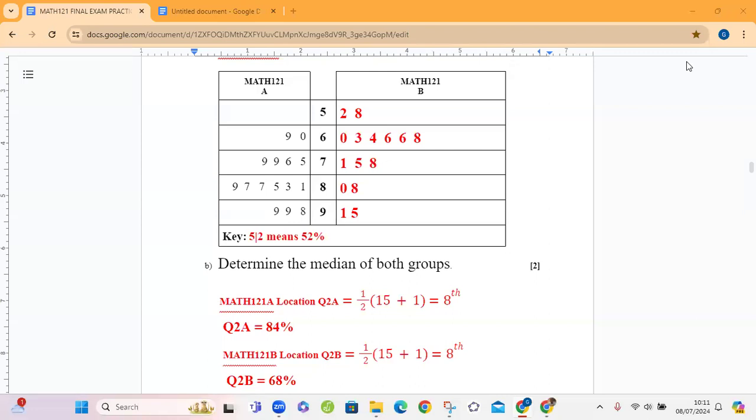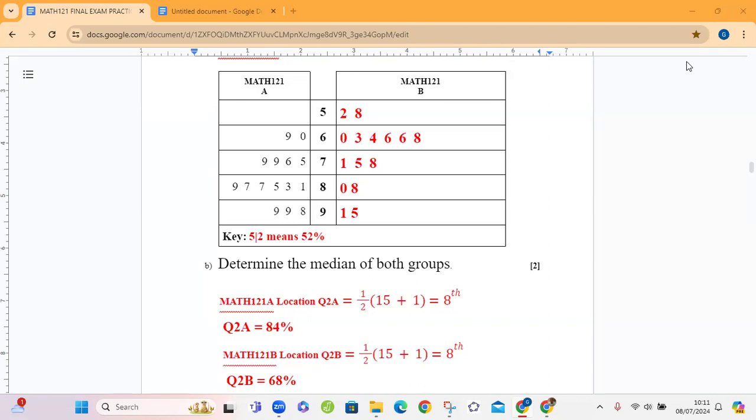Part B says to determine the median of both groups. So we know that the number of data values in each group is 15. So n is 15. And the location, when you've got a sample in raw data, like a stem and leaf, is a half times n plus 1.